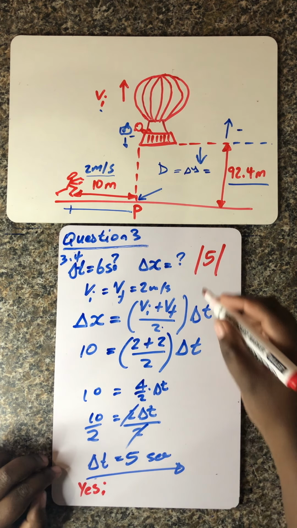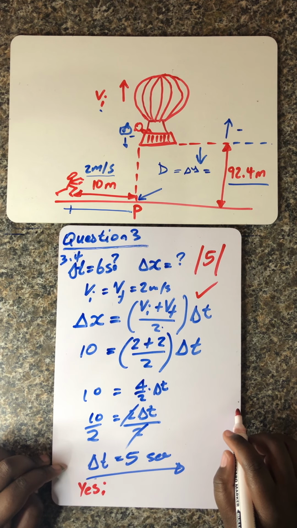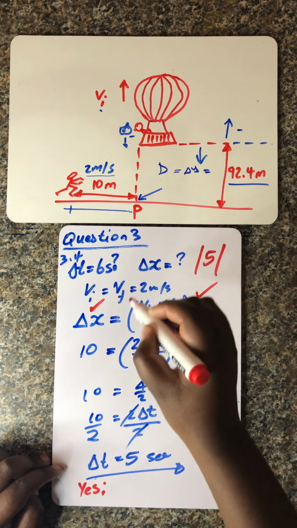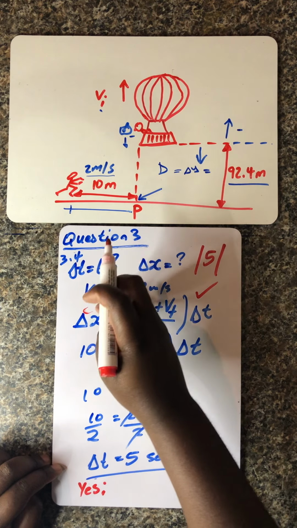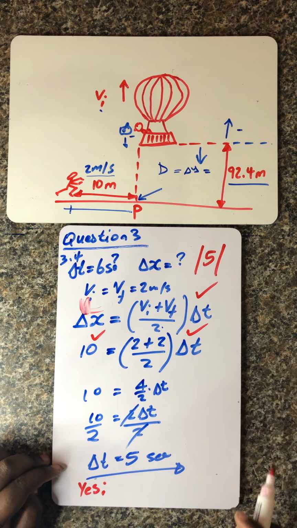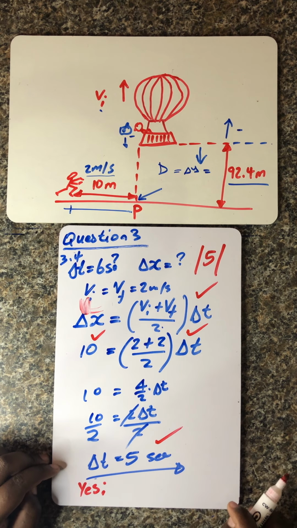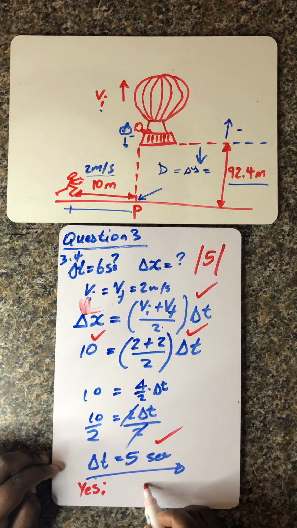Okay, so guys, they obviously give you a mark for choosing the correct formula, a mark for correct substitution, a mark for the correct answer, and lastly a mark for the reason.